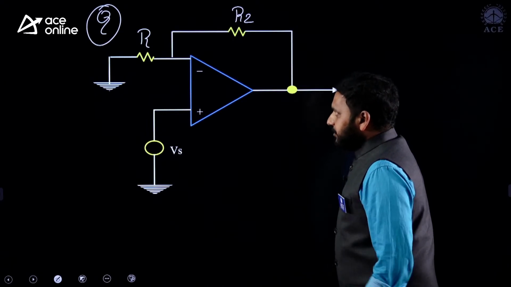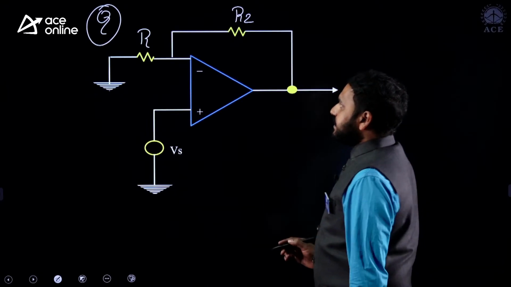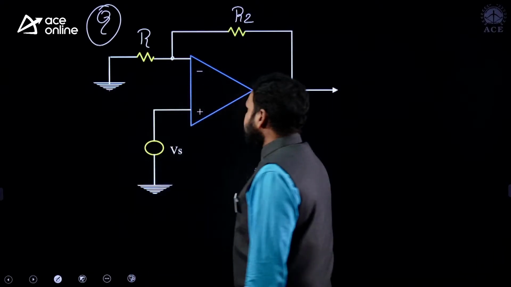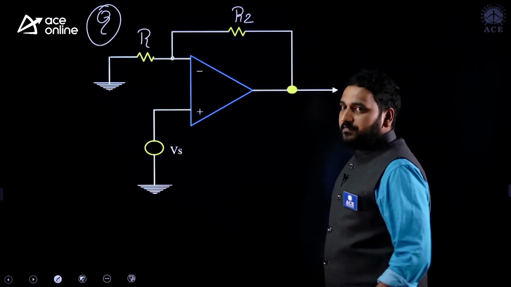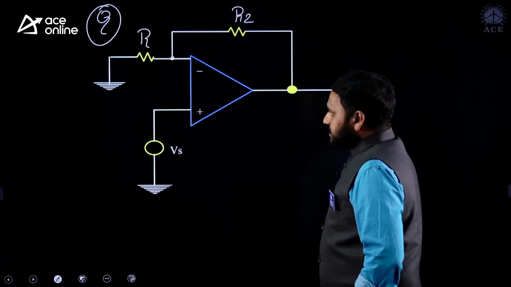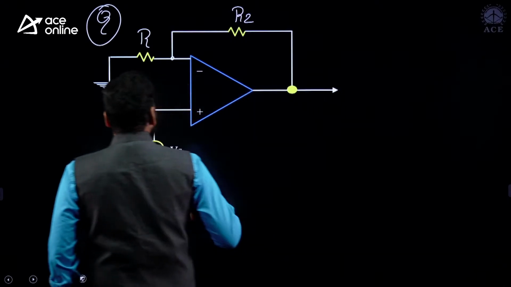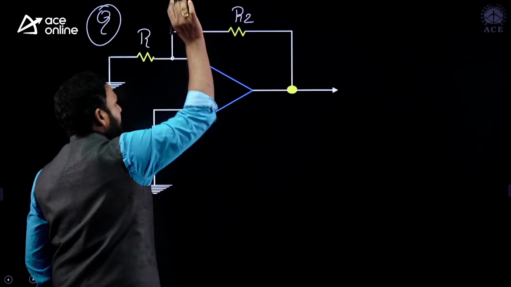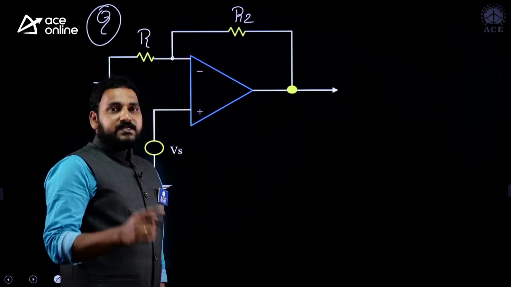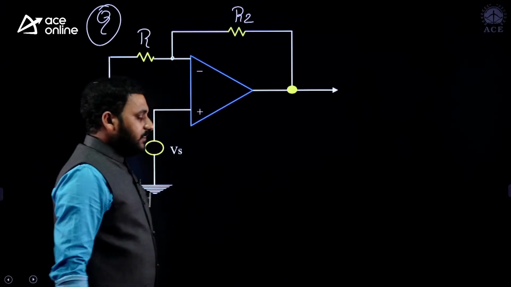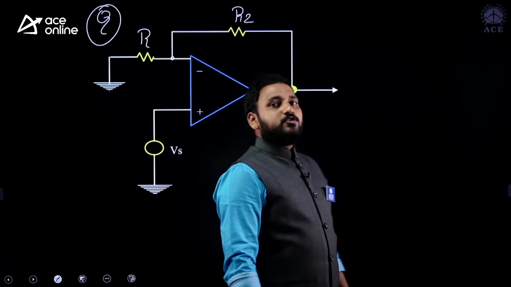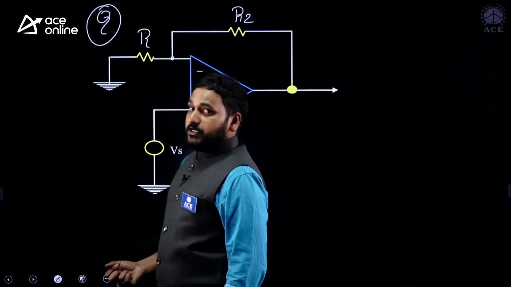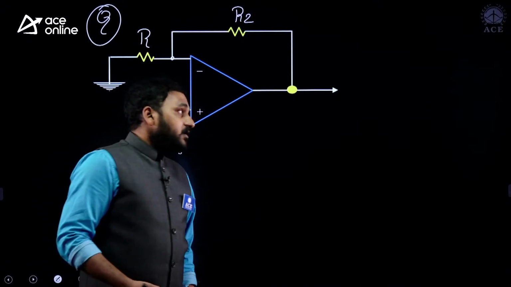I already told you, you need to follow all the rules and regulations carefully to answer this type of question. First point: whether the system is connected in negative feedback or not. Yes sir, correct, tick mark. Now, if the system is connected in negative feedback, we can confidently apply the virtual short concept.